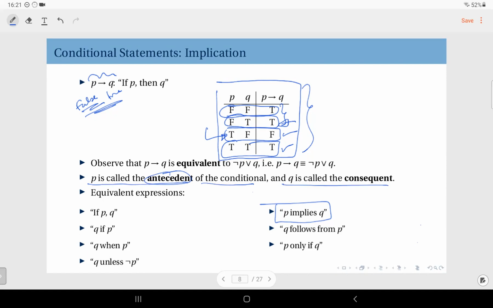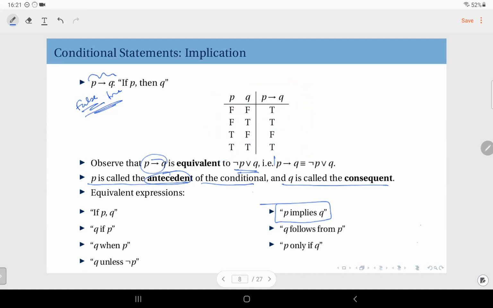And another important thing to recognize here is that P implies Q is equivalent to not P or Q. And we show that equivalence in this way. P implies Q is equivalent to not P or Q. Again, recall the rules of precedence here. This is not equivalent to not (P or Q), right?